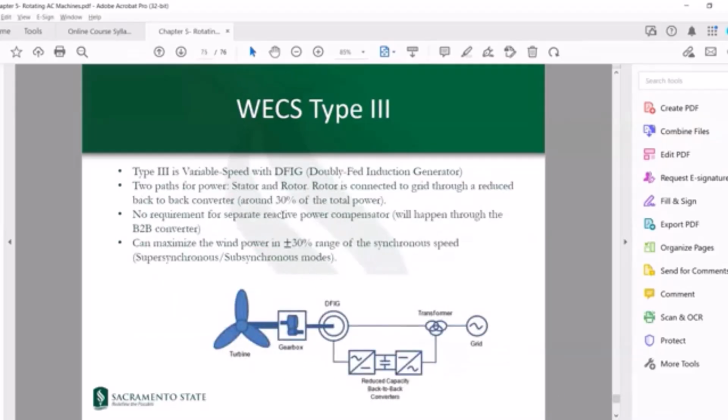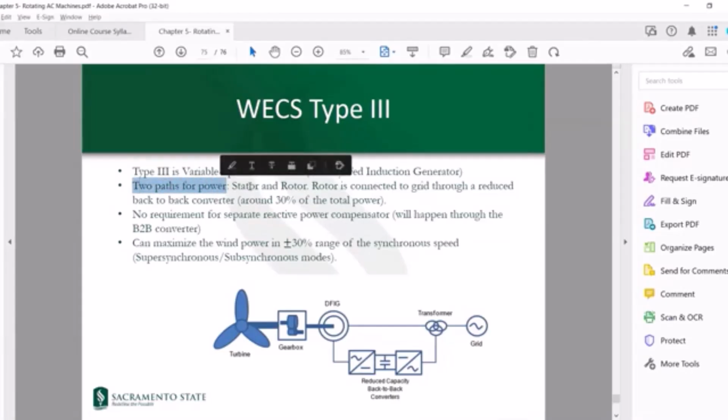Type 3 is associated with DFIG, or doubly fed induction generators. Type 3 is a variable speed with DFIG. A doubly fed induction generator is a special type of induction generator that delivers power from both stator and rotor windings. So it's a fairly more complex type of technology compared to the fixed speed induction generators.